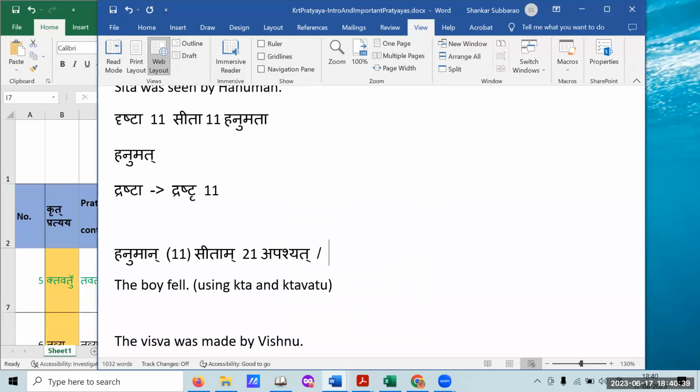Drishtavan. Drishtavat, with the pratipadika, will decline as, first line, you tell me? Drishtavan, Drishtavantau, Drishtavantaha. Second line. Drishtavantam, Drishtavantau, Drishtavataha. Up to the first 5, you have to remember, okay?